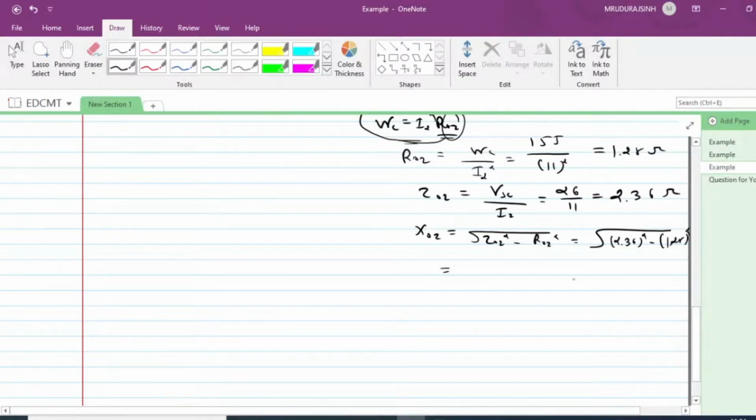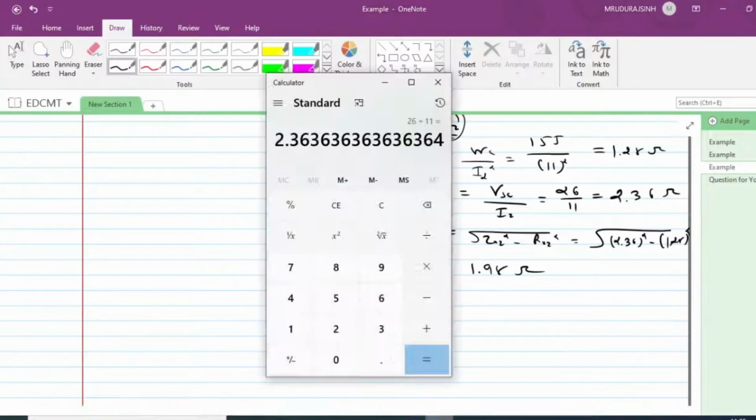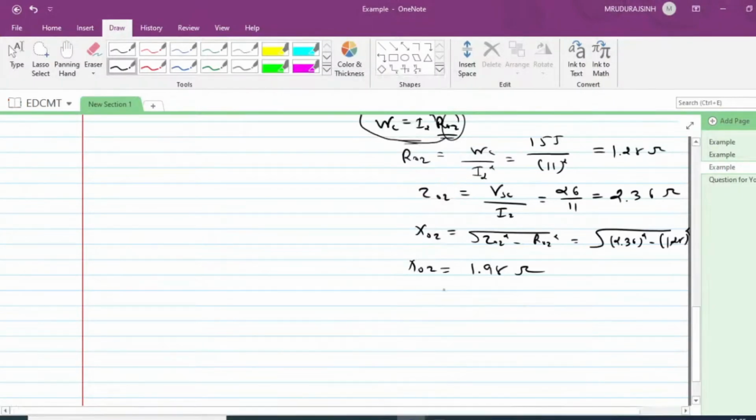I will calculate this in the calculator and directly write the answer, that is 1.98 ohm. Why have I not calculated it here? Because it will take a little more time and we are running out of time. So X02 is 1.98 ohm.